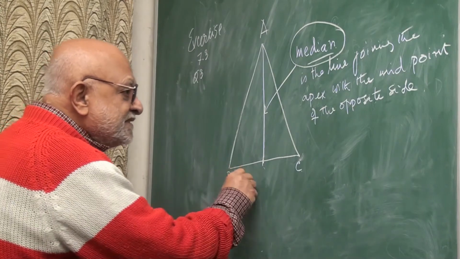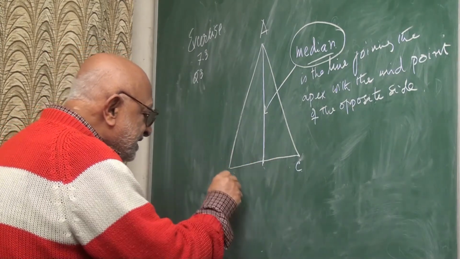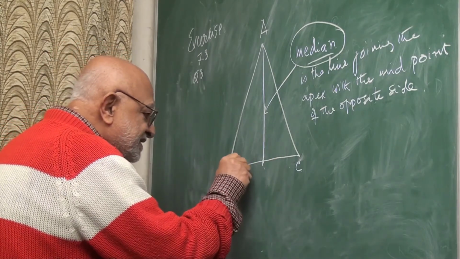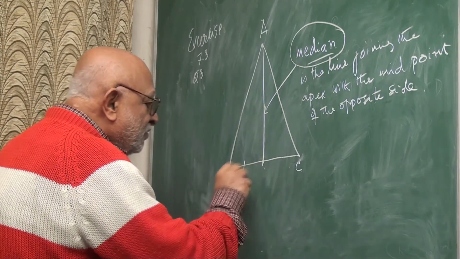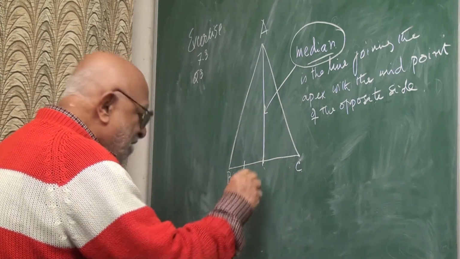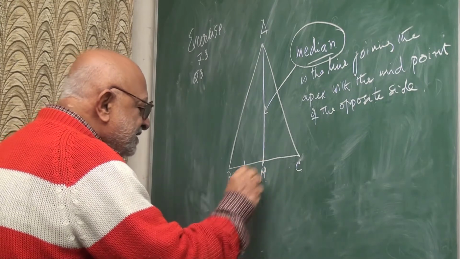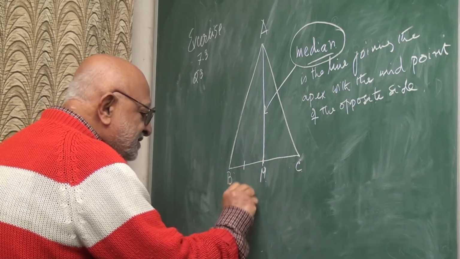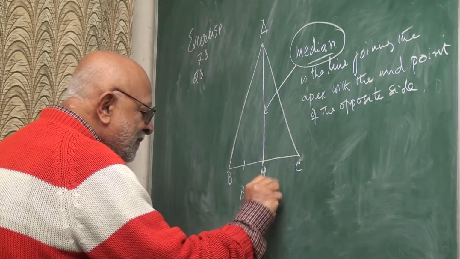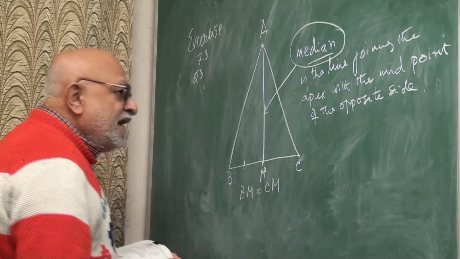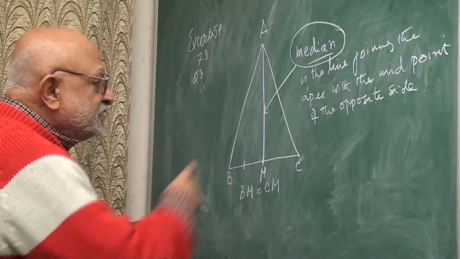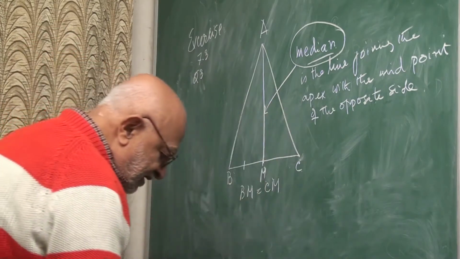So as soon as this is given, so this is in the given, point BC, okay, let's call it M. M is given, it is given BM is equal to CM. Okay, this is okay. I will continue further.